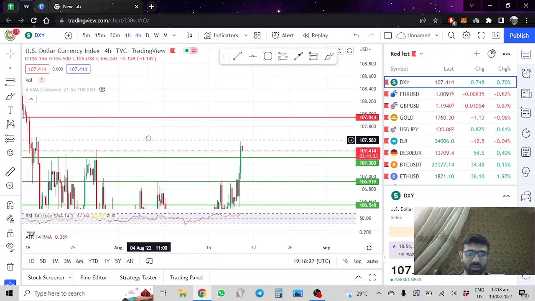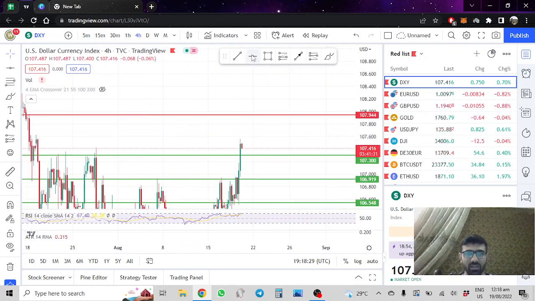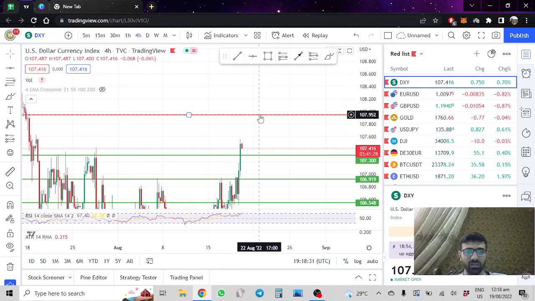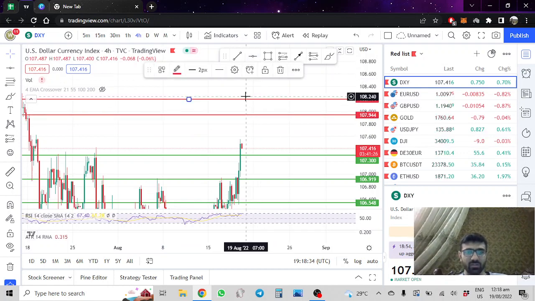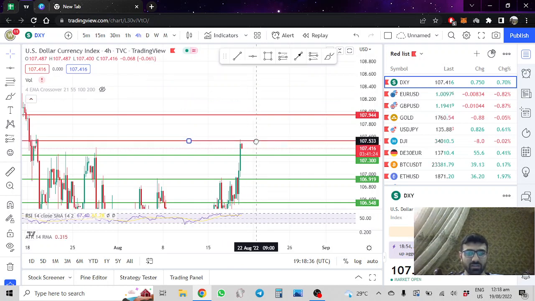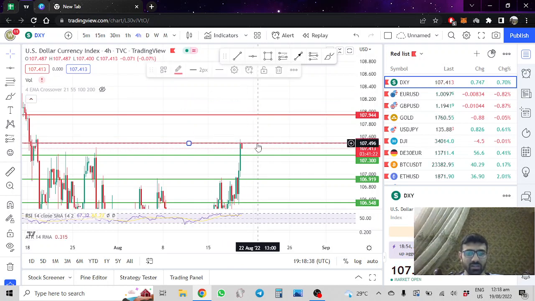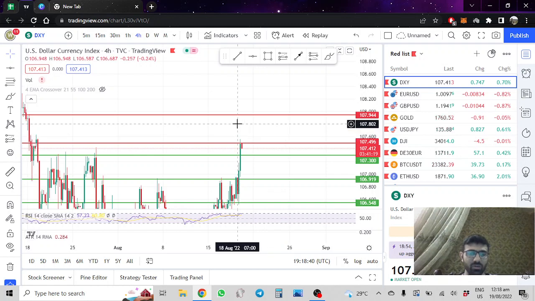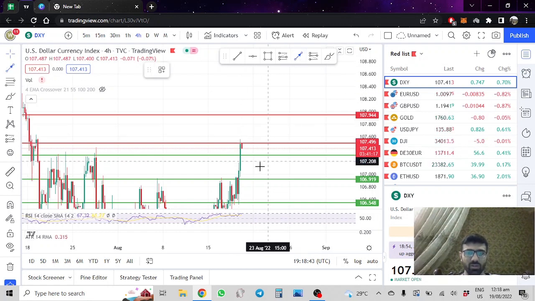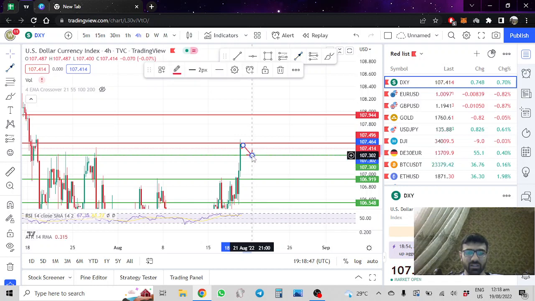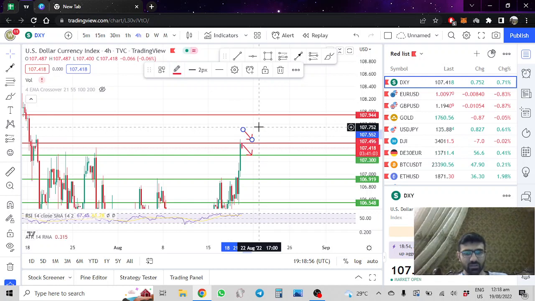So if we mark this area as a level of resistance, then what we are gonna have is something like this. If we have to remain bullish, then what I am expecting is that it might come down to this level, and if it makes green candles, then it might go up again.